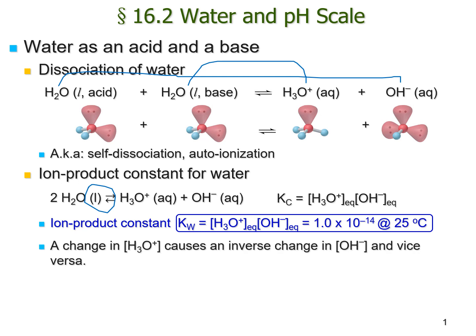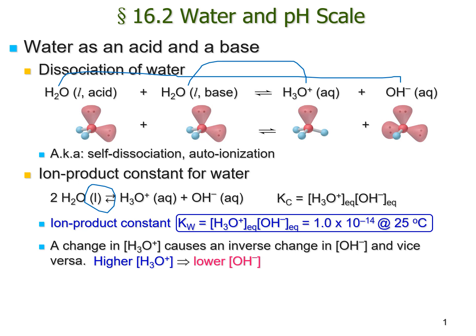From this equation, it's obvious we can conclude that if we increase the concentration of H3O plus, it will suppress the concentration of OH minus. Remember, the product of these two winds up as a constant. So the concentration of one is inversely proportional to the other.